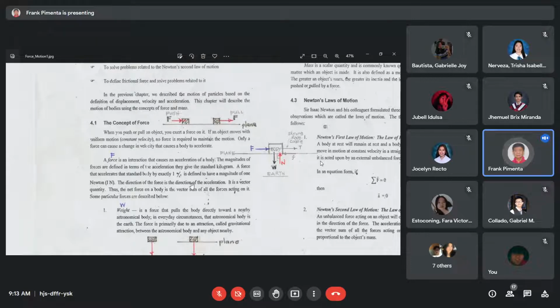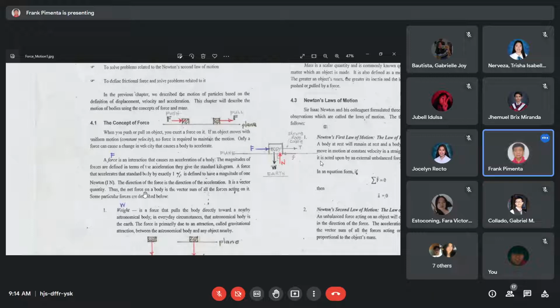The direction of the force is the direction of the acceleration. It is a vector quantity. Thus, the net force on a body is the vector sum of all forces acting on it. So there is the term net force. In mathematics, if you want to get the net amount, you add the quantities and divide by the number of amounts, like two.